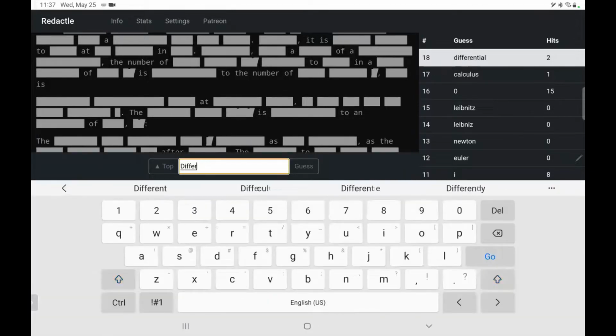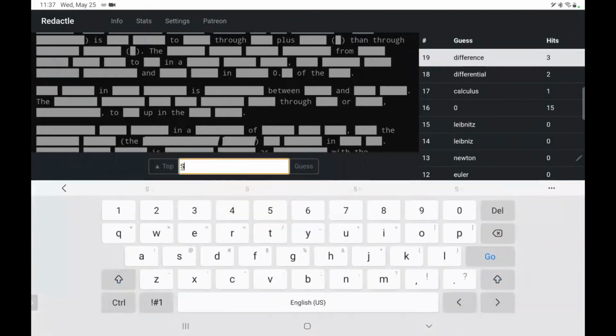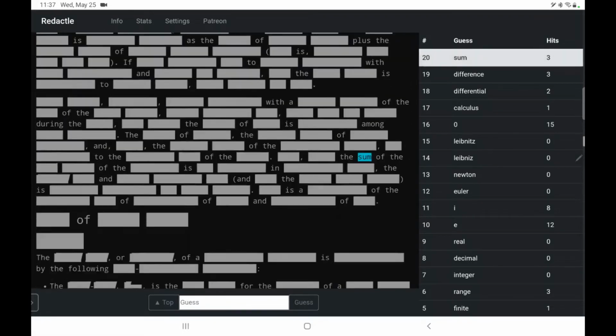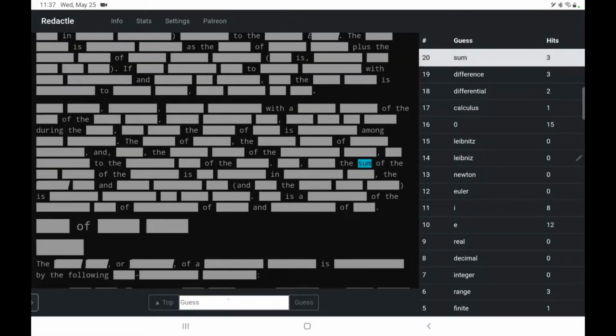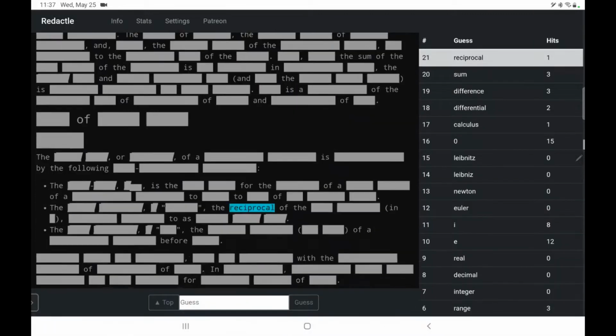Let's just try difference, between the something of the something. Let's try sum. 3 sums. Some sums. Reciprocal. Oh, one occurrence of reciprocal.